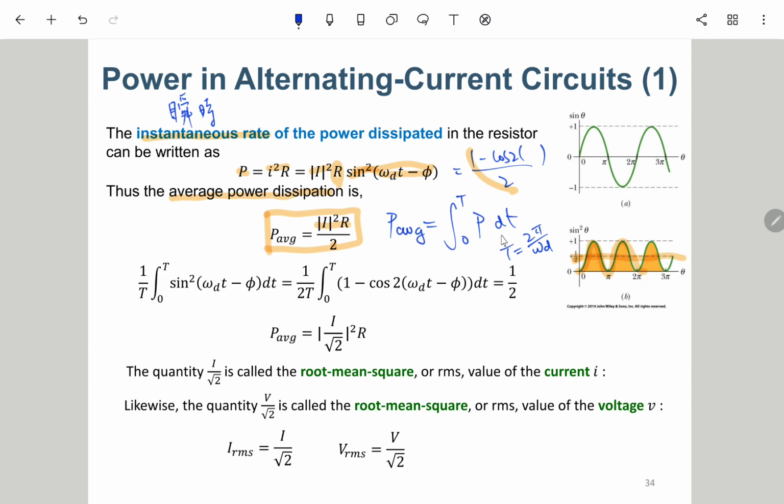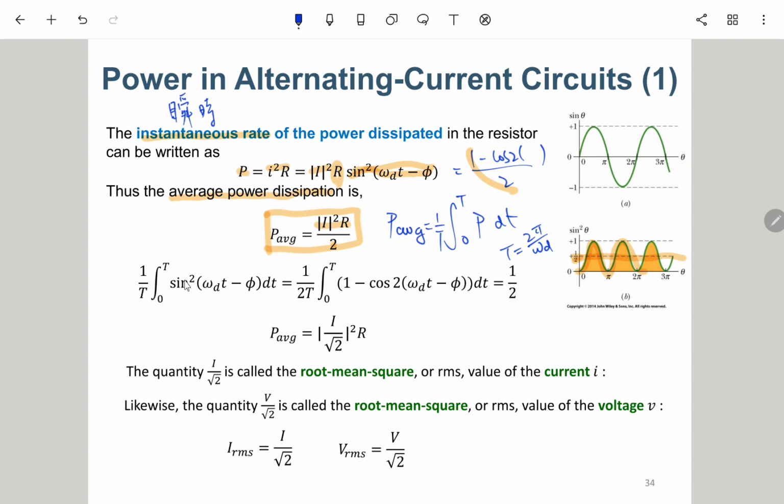I squared R is a constant that moves outside, so what we need to care about is this sine squared. We still need to divide by T, because we accumulate the power for time T, so that it is averaged over the time.